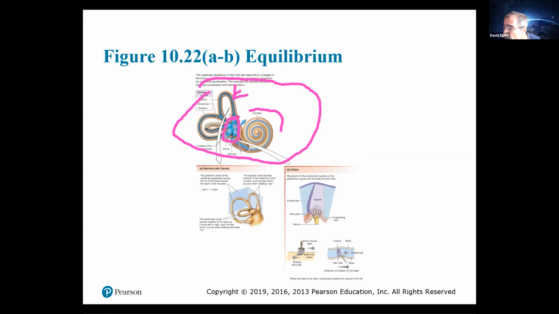This part of the inner ear is called the vestibule officially, vestibule like the little entry. Often these equilibrium senses, both the saccule, the utricle, and the semicircular canals, are called vestibular senses.